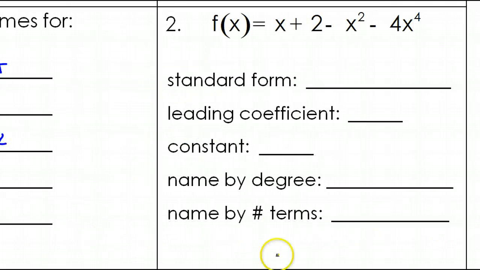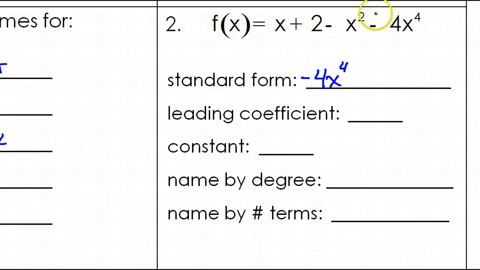All right, problem number 2, standard form. If you have a polynomial in standard form, it should be in order from the highest degree term to the lowest degree term. So the highest power is 4th power. So first I would put negative 4x to the 4th power.